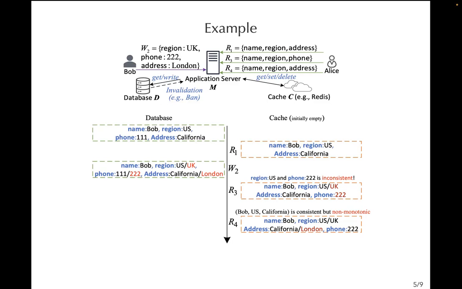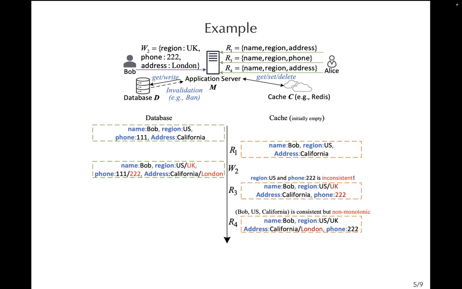So the answer to R3 from the cache is inconsistent, since the cached region US and the new phone number 222 are incompatible with each other.